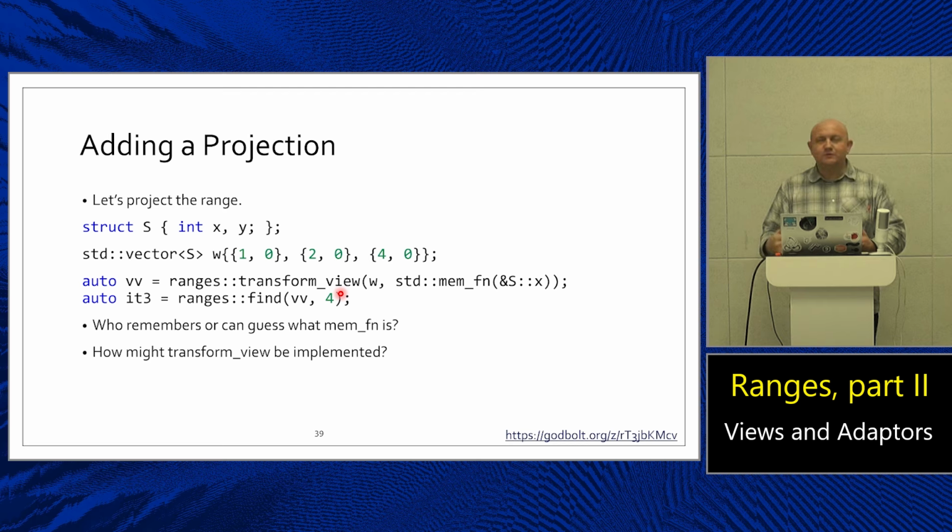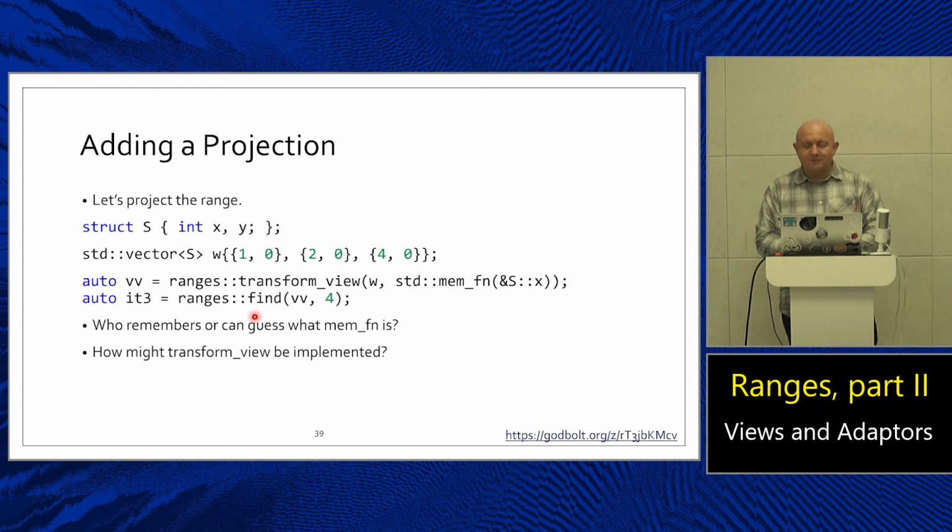This view exposes only the X field of each element. Now the range looks like a range of integers, and suddenly ranges find works exactly the way we want. So instead of saying find with a projection or find with a predicate, we are saying find over a projected range. And this raises two important questions.